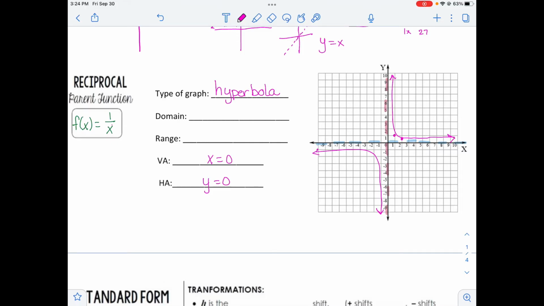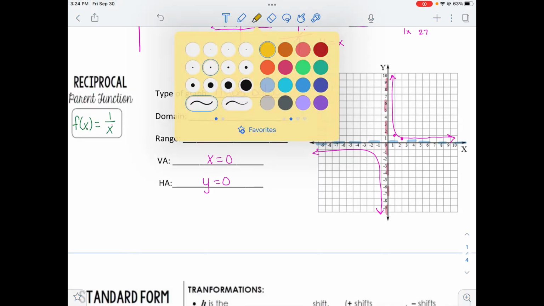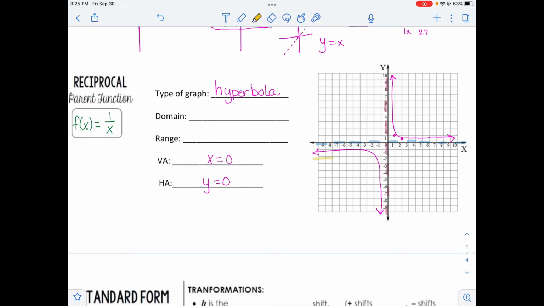Okay, so now we're going to talk about our domain and our range. So when we look at our domains, we're thinking about our x's. Let me use a different color here. We think about, well, we can go here, we can go all the way here, but boom, when we hit this wall, we are not going across it. So we cannot include 0.